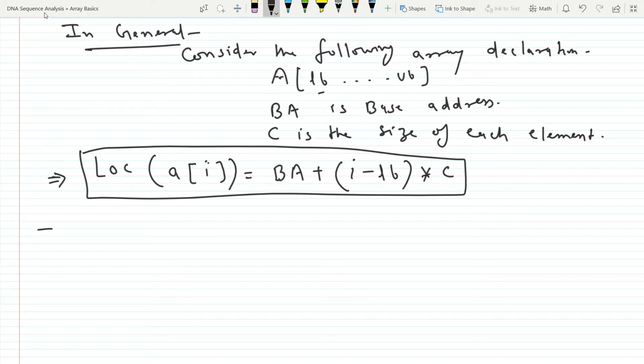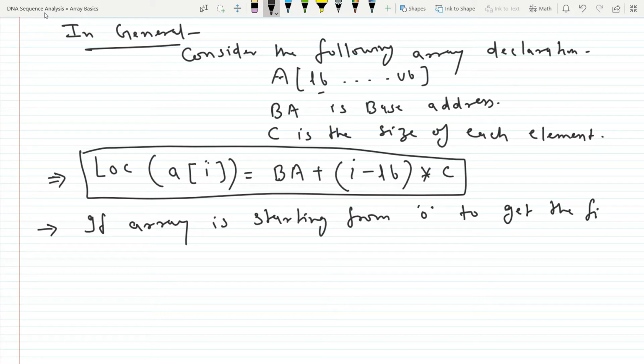So a few important points. First important point: if the array is starting from 0, then to get the first value, there is no need of adding any offset value.